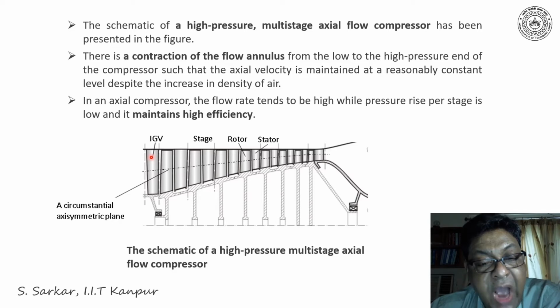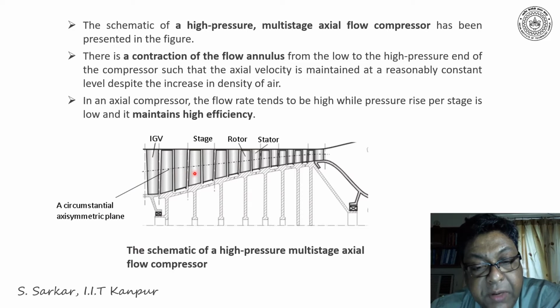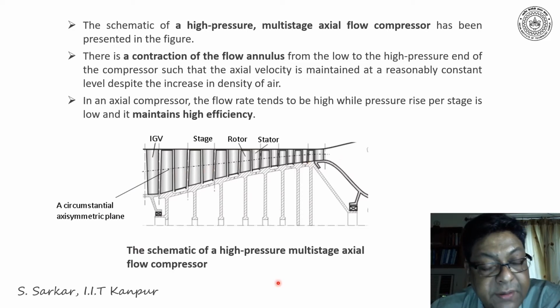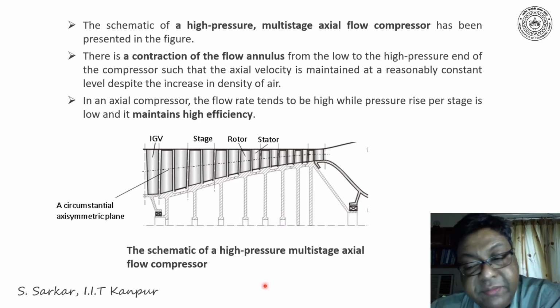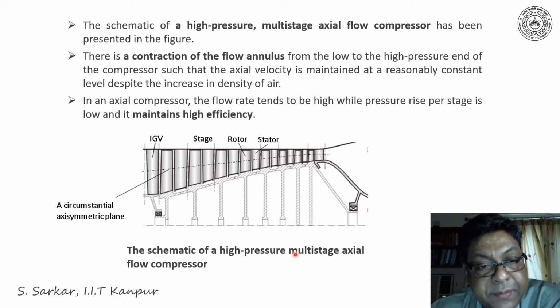Here, an IGV is presented ahead of the first stage. Furthermore, I have drawn the central plane by a dotted line, which is a circumferential axisymmetric plane between the hub and the casing.